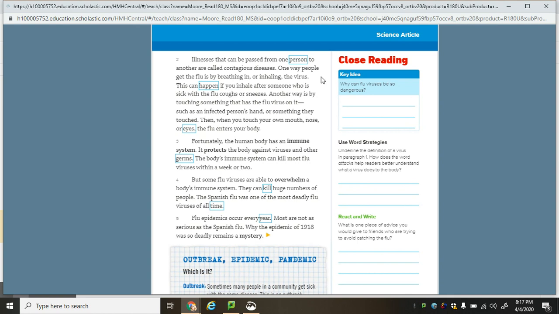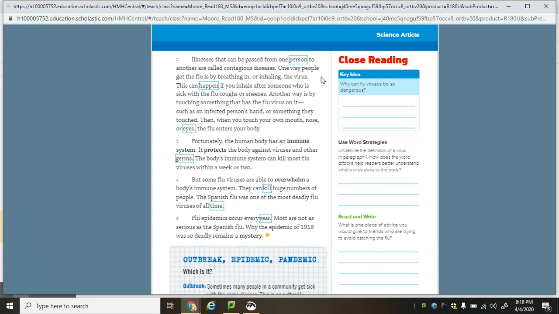Fortunately, the human body has an immune system that protects the body against viruses and other germs. The body's immune system can kill most flu viruses within a week or 2. But some flu viruses are able to overwhelm a body's immune system. They can kill huge numbers of people.